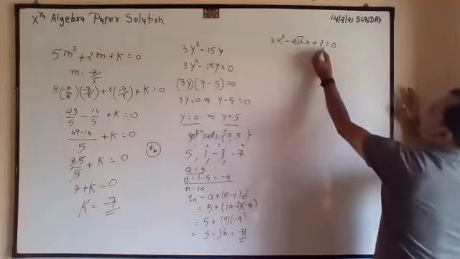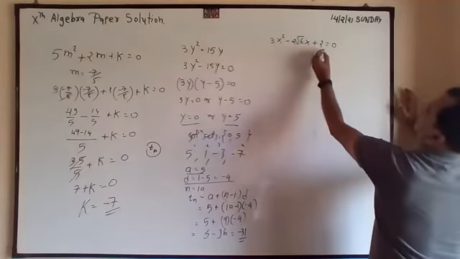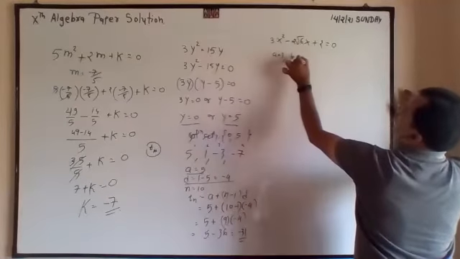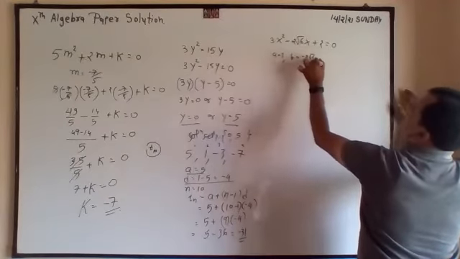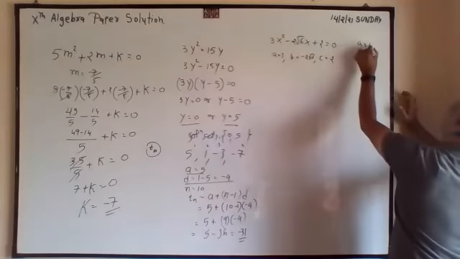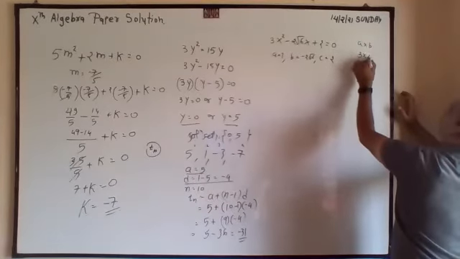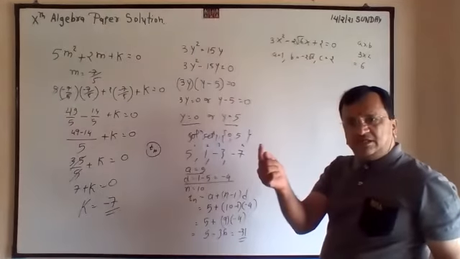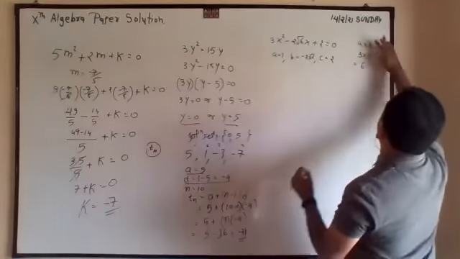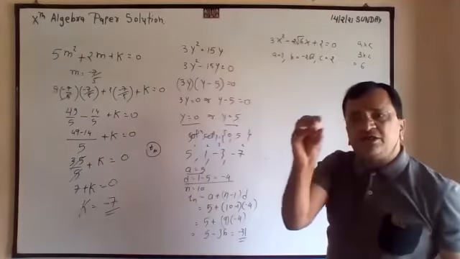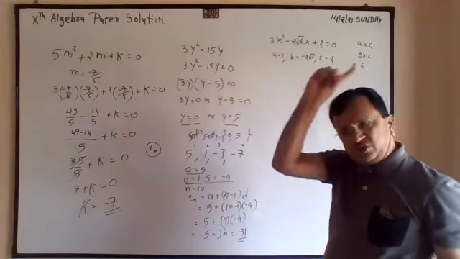Step number 1: a is 3, b is minus 2 root 6, c is 2. First take a into c, that is 3 into 2, that is 6. We divide by a number under root, not 2 root 6, only 6.